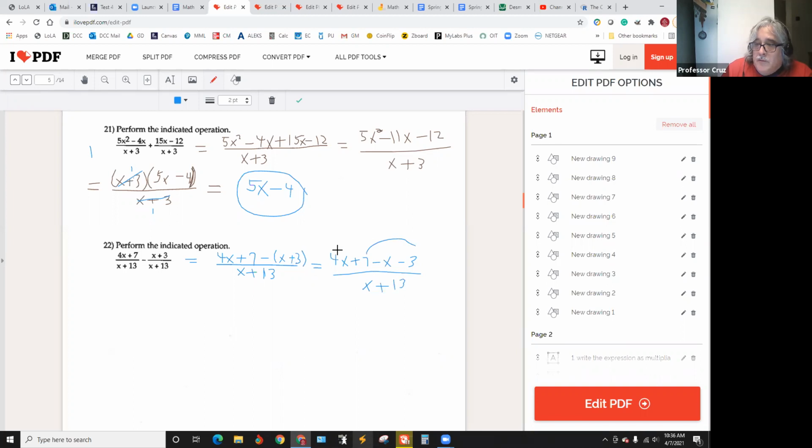So those are alike, and these are alike. So we got 4x minus x, so that's 3x. And 7 negating 3 is plus 4. Now with this, the expressions in the numerator and the denominator are the same. So does that look like it's finished?